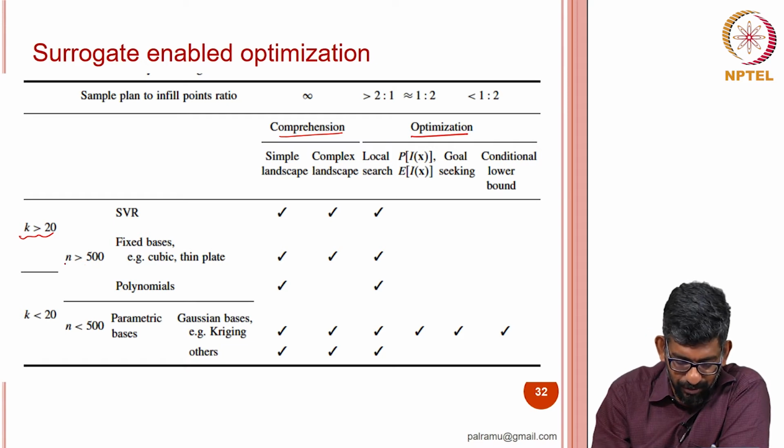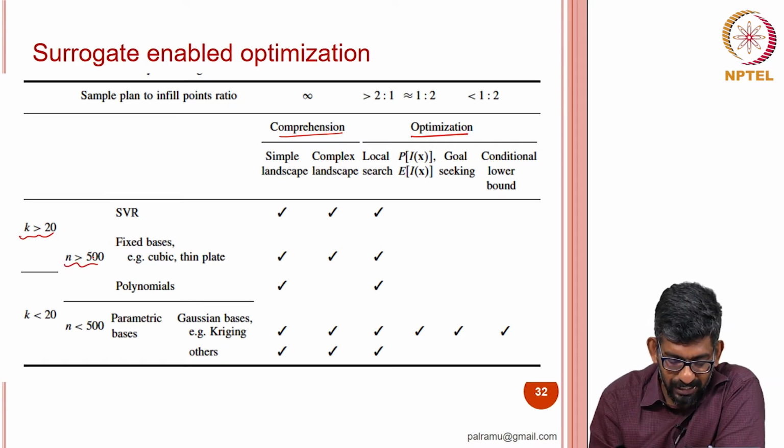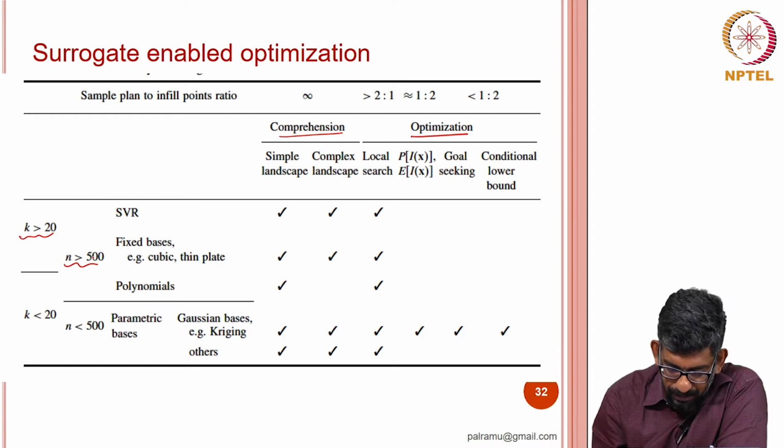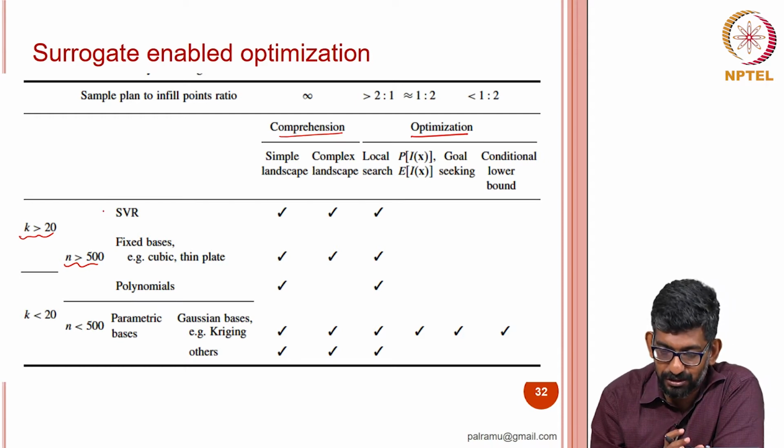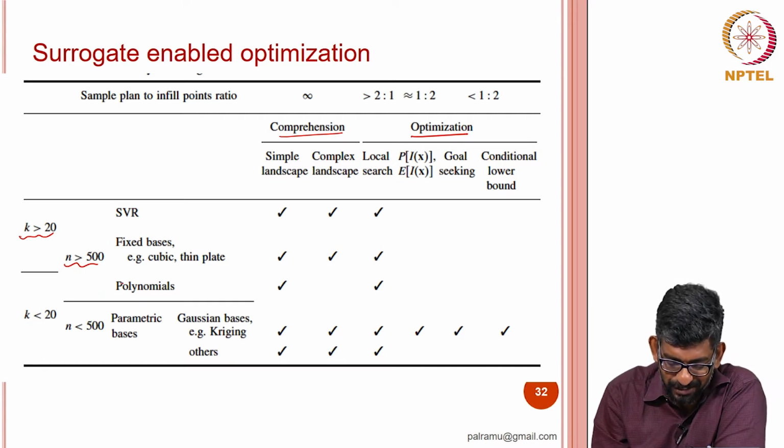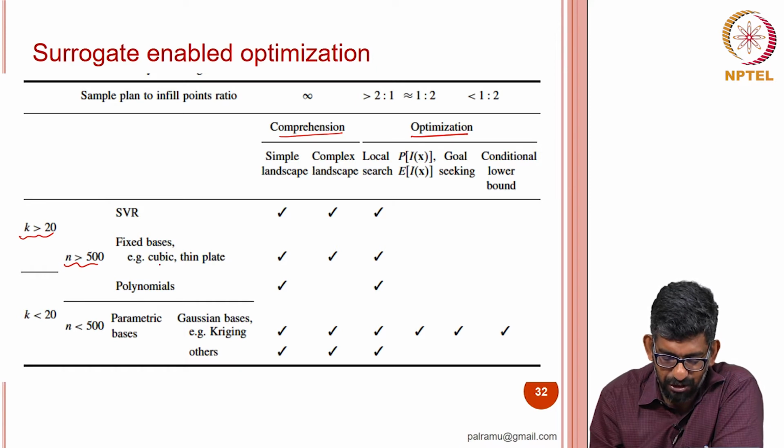So if you can take greater than 500, let us say, probably support vector regression. It is really not listed in the order of preference. It just says support vector regression, fixed bases like cubic or thin plate, which is your radial basis, and polynomials. They are just comparing these.